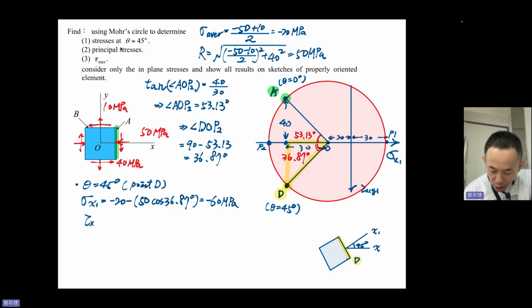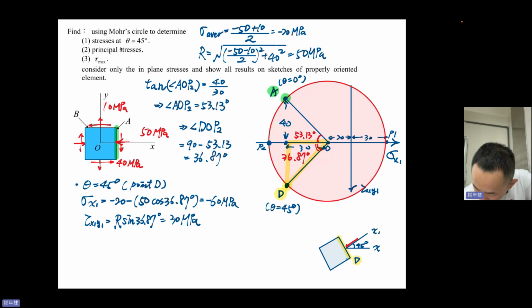And how about the tau x1 y1 value? Easy. R sine 36.87 degrees, 30 MPa. And remember that this 30 is downward, so it's positive. So again, you are ready for the 60, which is minus.